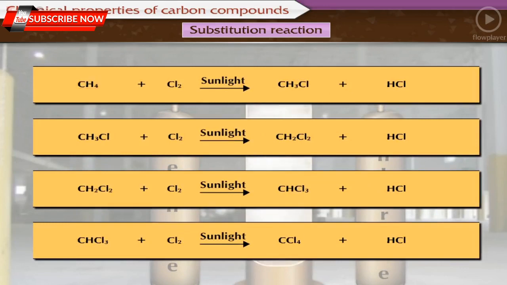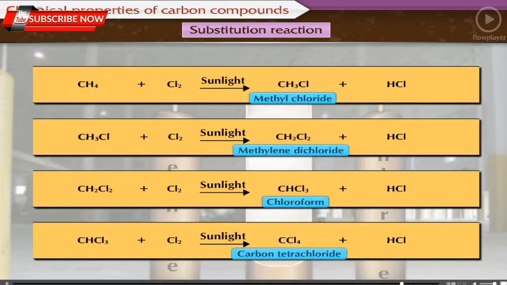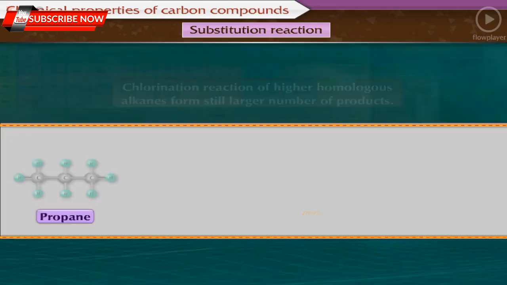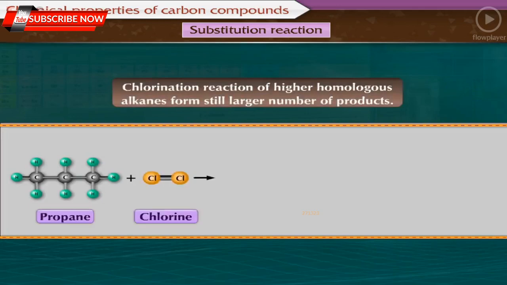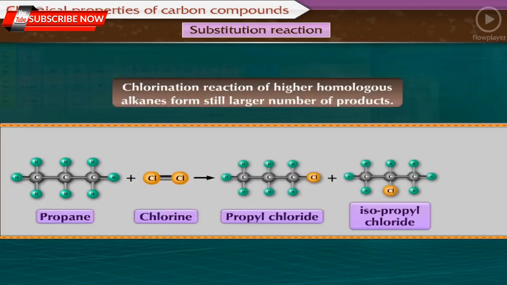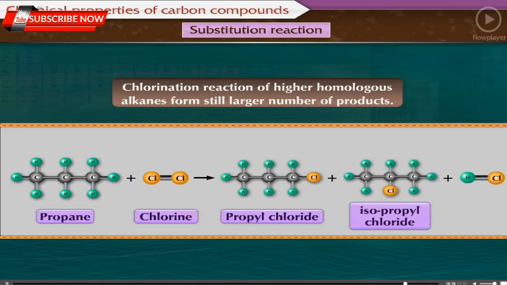Chlorination of methane gives 4 products, that is, methyl chloride, methylene dichloride, chloroform, and carbon tetrachloride. Chlorination reaction of higher homologous alkanes forms still larger number of products. Now let us learn about the chlorination of propane.